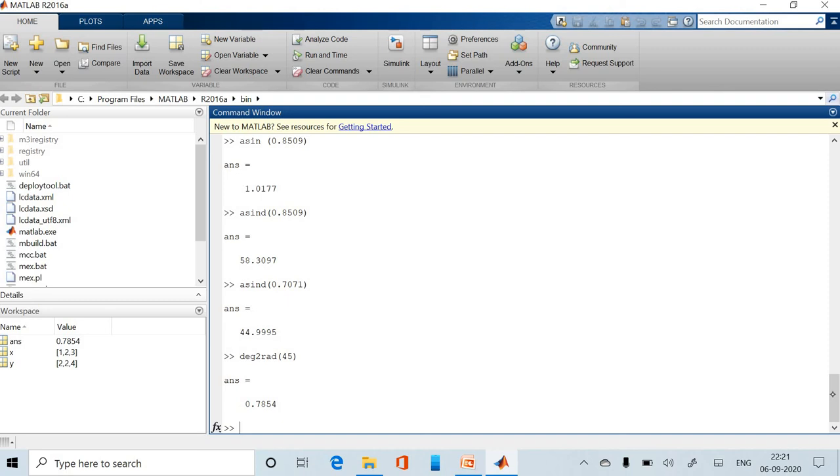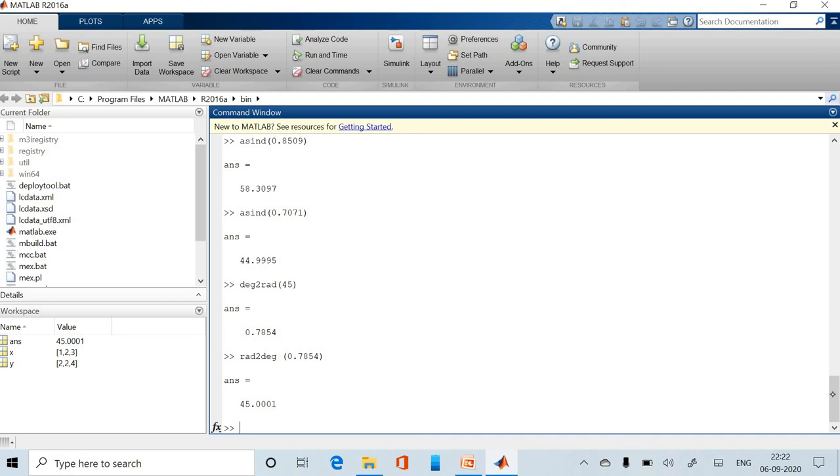Now if you want to convert the same radians to degrees, then just reverse it: rad to deg, in bracket add 0.7854. So we are getting 45.